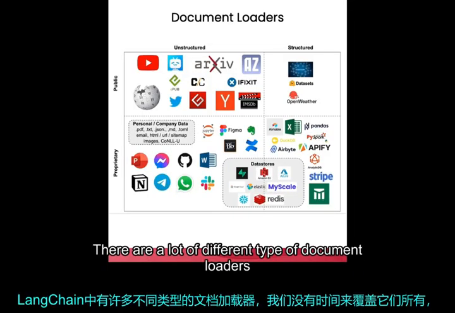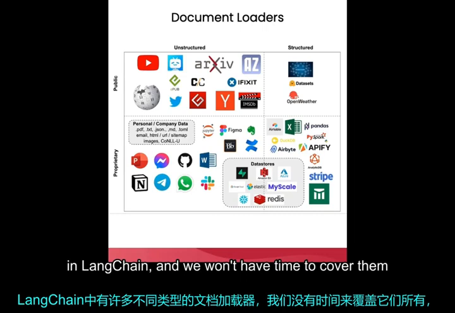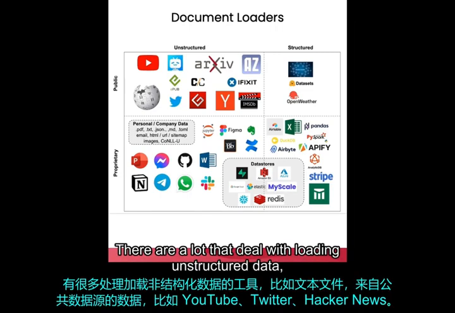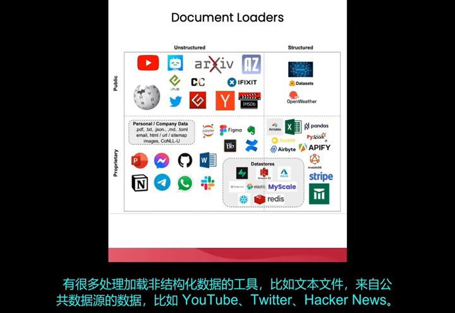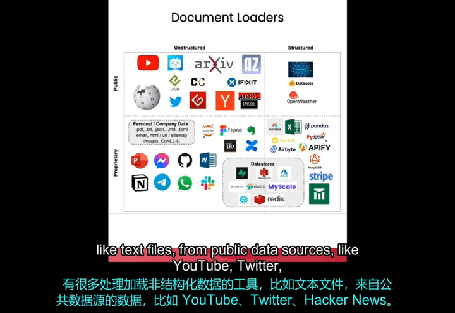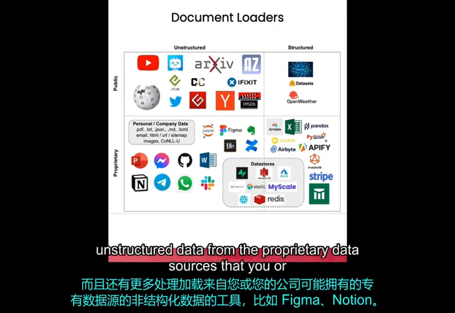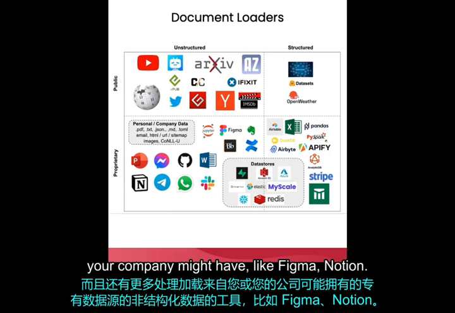There are a lot of different types of document loaders in LangChain, and we won't have time to cover them all, but here is a rough categorization of the 80 plus that we have. There are a lot that deal with loading unstructured data, like text files, from public data sources, like YouTube, Twitter, Hacker News. And there are also even more that deal with loading unstructured data from the proprietary data sources that you or your company might have, like Figma, Notion.